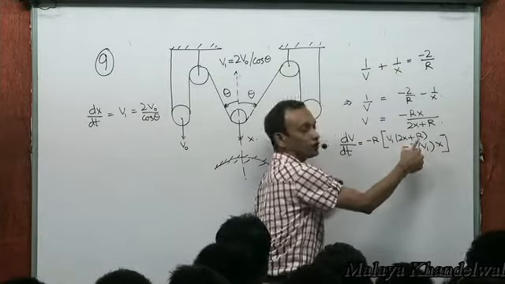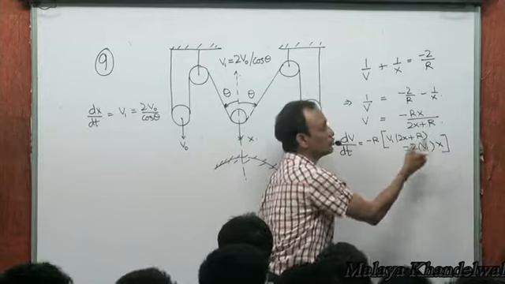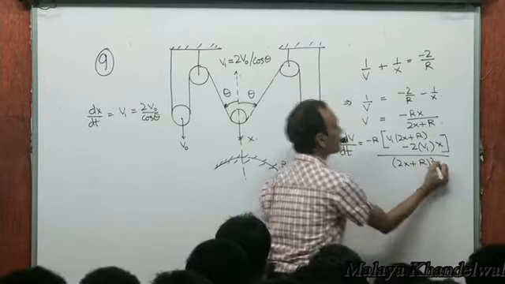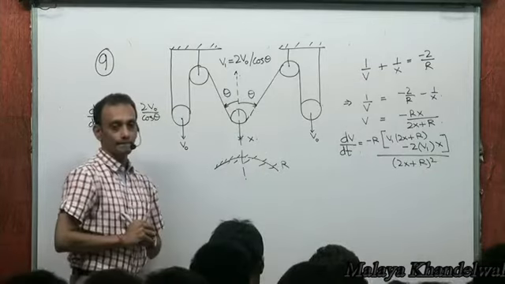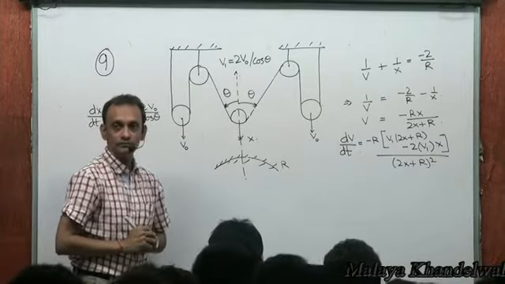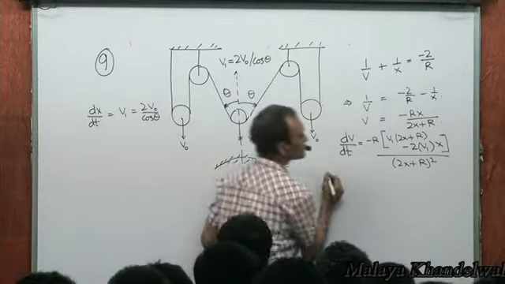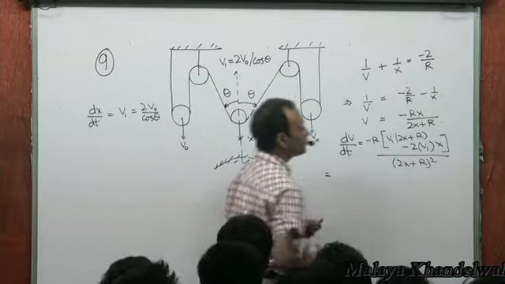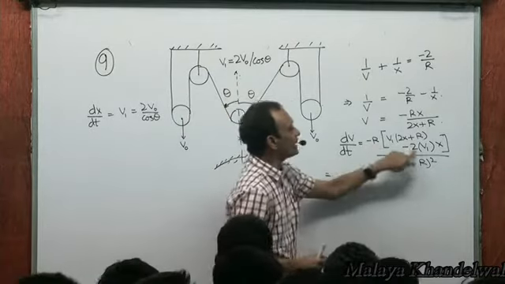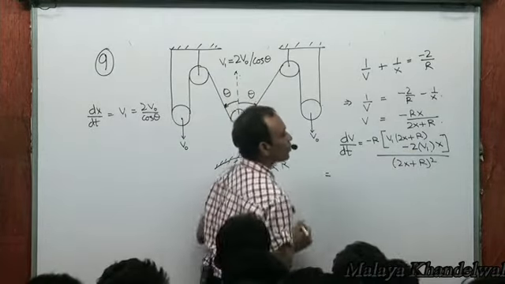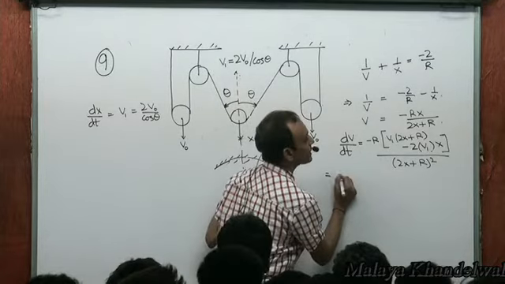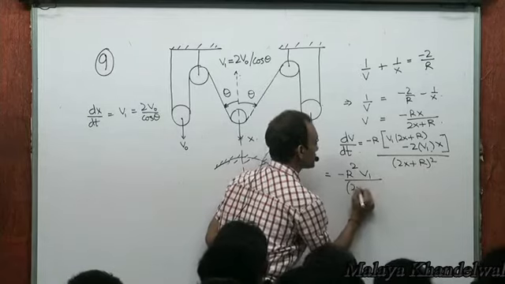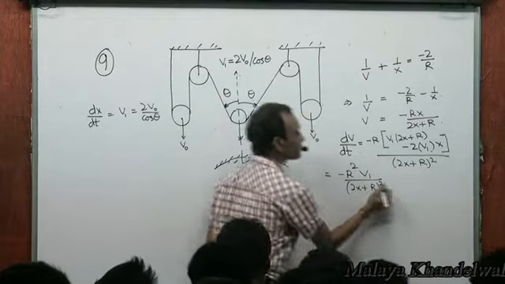Derivative of numerator into denominator minus derivative of denominator into numerator, divided by denominator squared. Right? See, 2v1x and 2v1x will get cancelled. All that we are left with is minus r squared v1 by 2x plus r whole square.